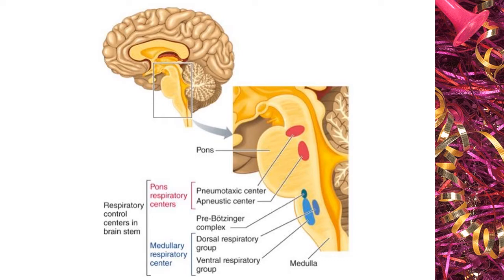And remember, the main respiratory centers are the dorsal and the ventral respiratory group, and then you have the pacemaker, the pre-Botzinger complex. Other respiratory centers include the pneumotaxic and apneustic center.